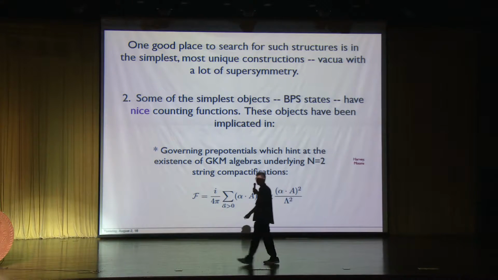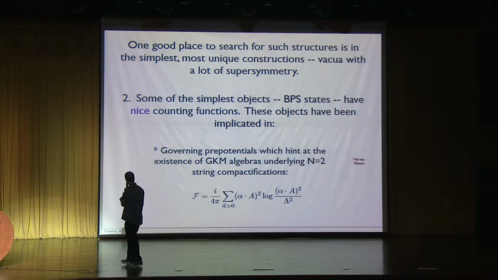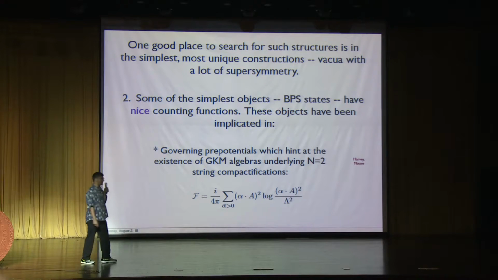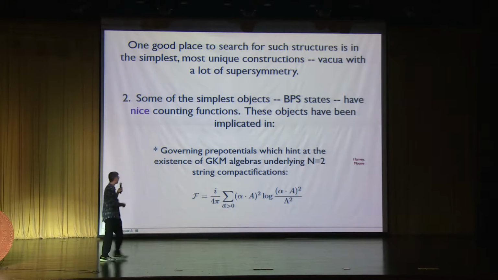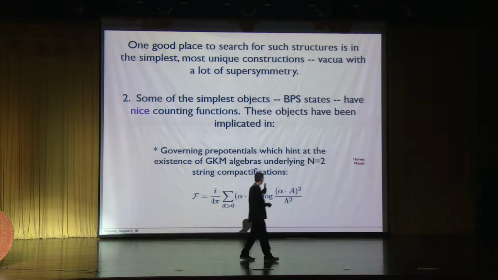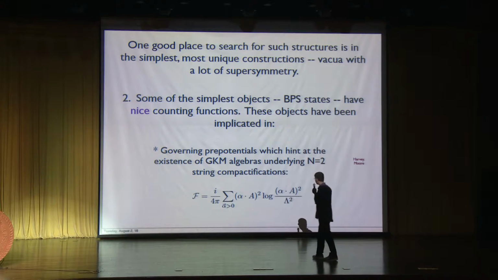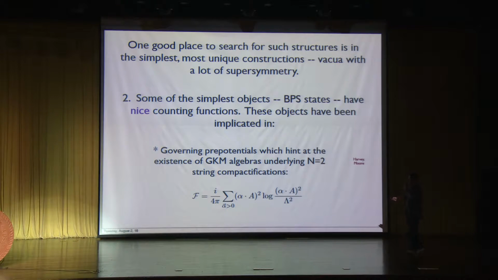For instance, in n equals 2 compactifications, it was proposed years ago by Harvey and Moore that hints of an underlying generalized Kac-Moody algebra would appear in expanding the prepotential at low energies at one loop in the heterotic string, and studying it as an expansion in positive roots of an underlying large dimensional symmetry algebra, by analogy with the expansion in positive roots of the loop correction to conventional n equals 2 field theory.